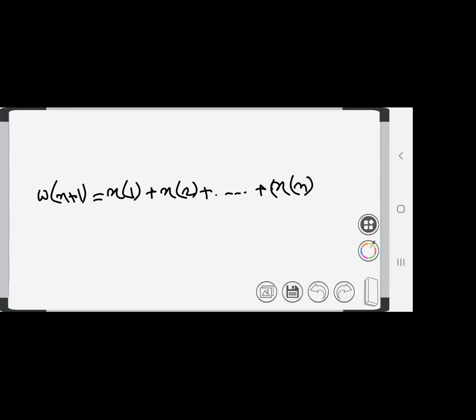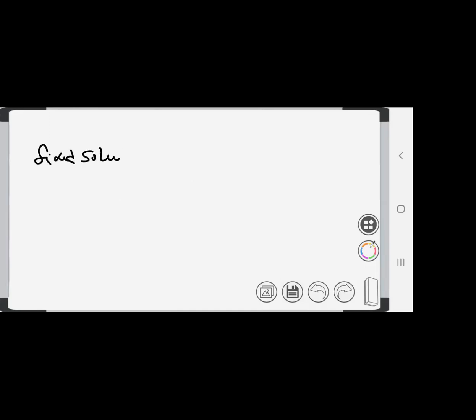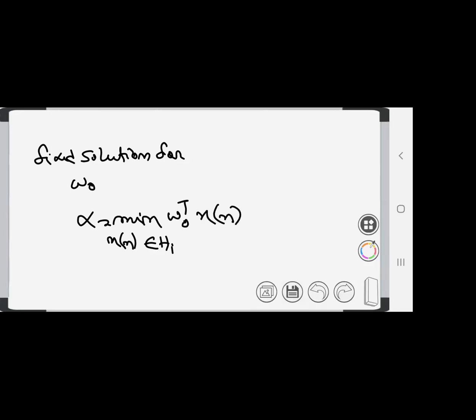For a fixed solution W0, we may define a positive number alpha, equal to the minimum of W0 transpose x n over x n belonging to the H1 subset of the training set. Recall W n plus 1 is x1 plus x2 plus up to x n.